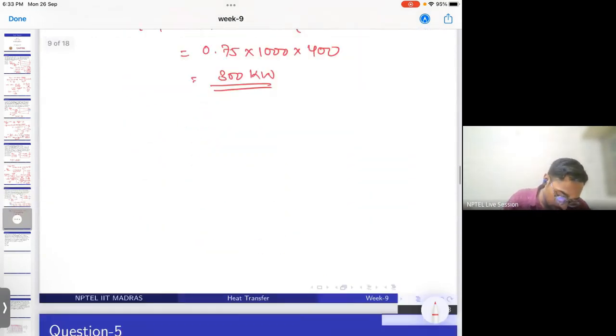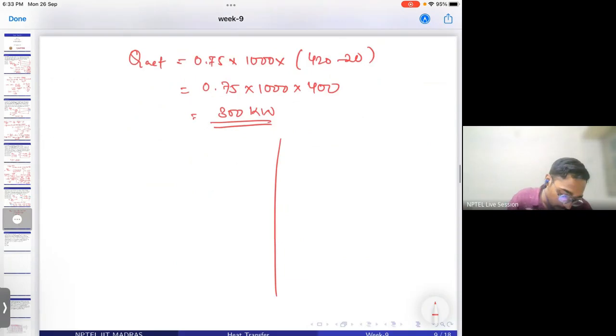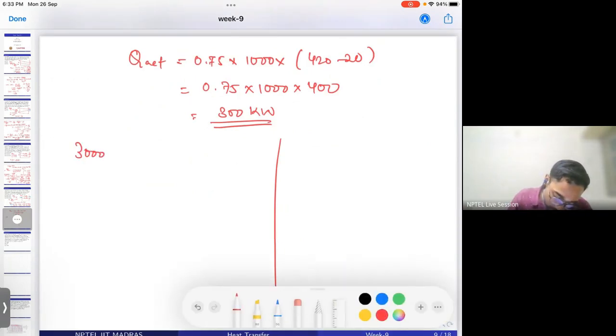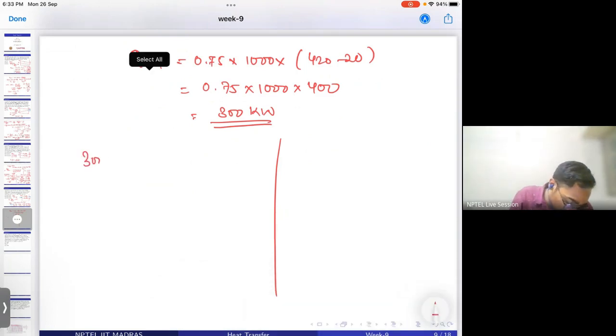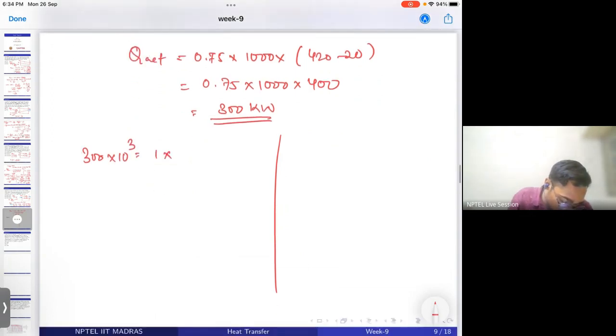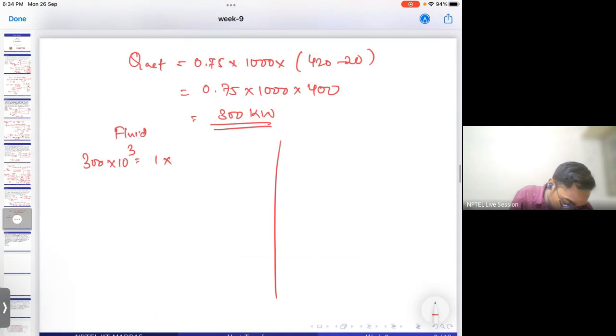Now it's simple, we just need to equate this. 300 into 10 raised to 3 is equal to 1 into 1000 into 420 minus THO for fluid A. So THO will be 120 degrees Celsius.